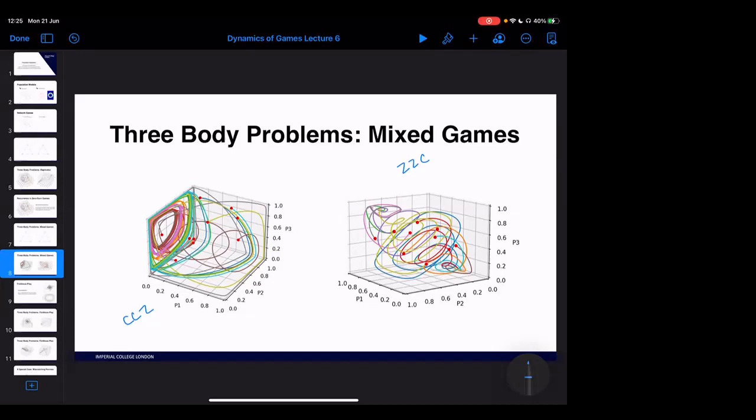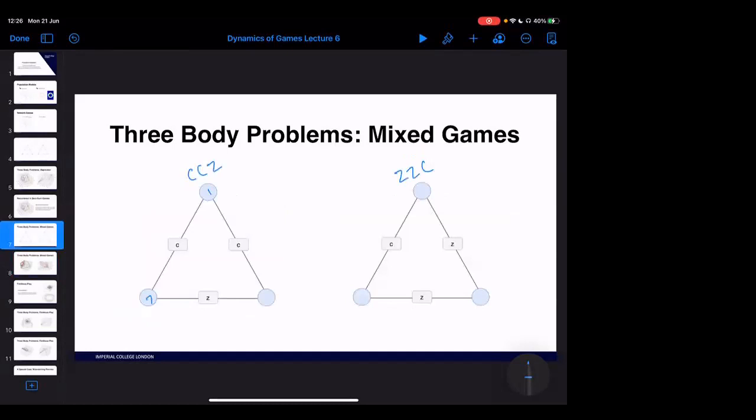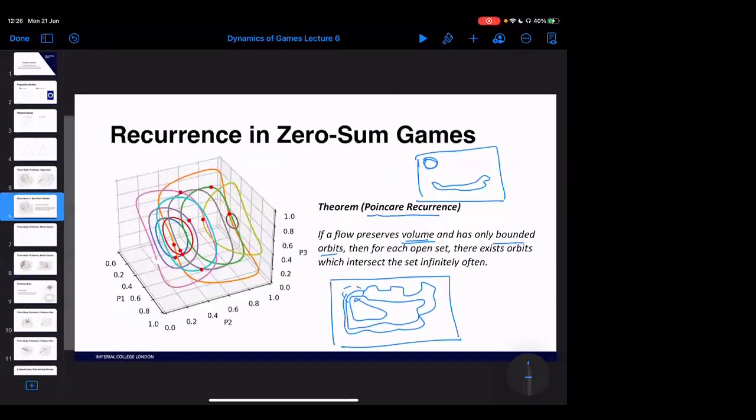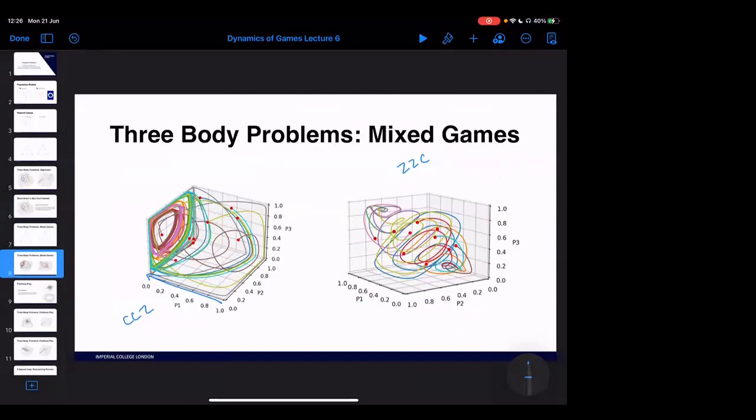And so you get this interesting combination of the two, where, for example, in the CCZ game, we have that one of the agents, the one who's engaged in coordination with both of its opponents, right? That agent's behavior stays fixed, right? So it ends up converging. Whereas the other two who are engaged in a zero-sum game with one another just keep cycling, right? And so you've kind of coupled these dynamics together a little bit.